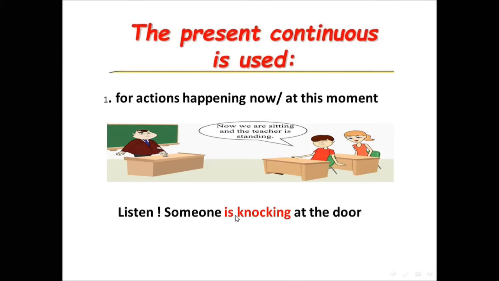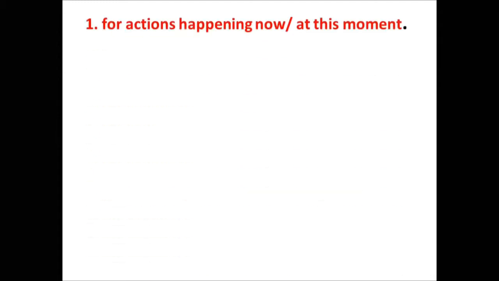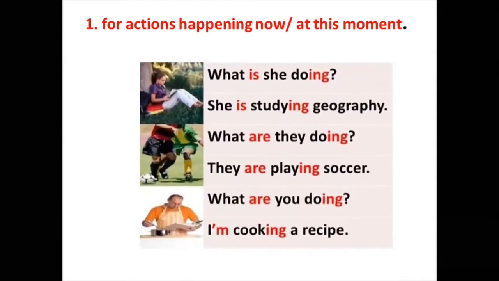Listen, someone is knocking at the door. As you see, in the first sentence we use now as a keyword, but here we use listen, and listen is the imperative form. We use it when we want to express that the action is happening now. Also, here are other examples for an action that's happening at the moment of speaking.